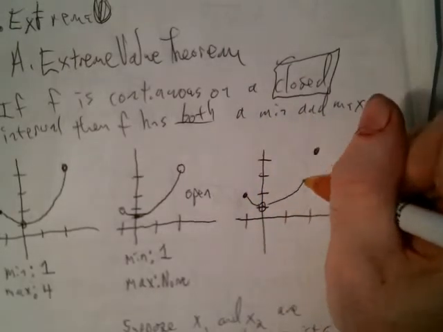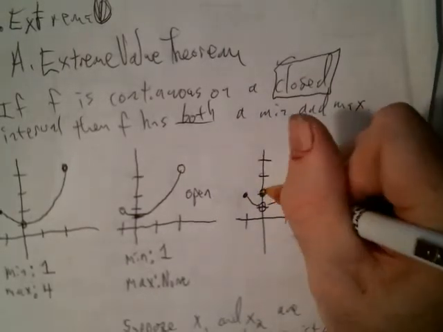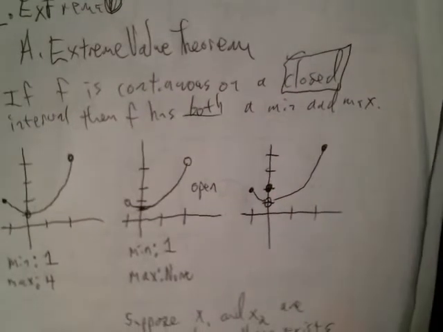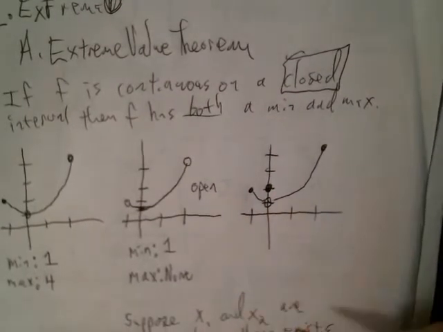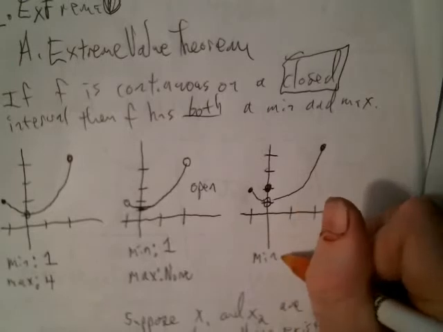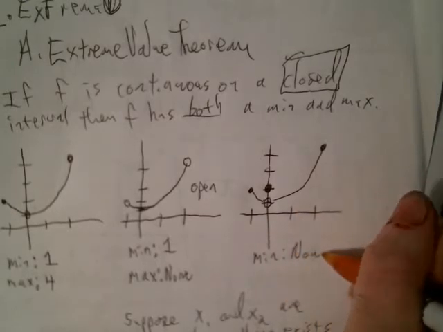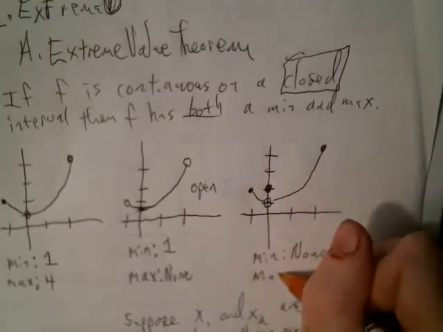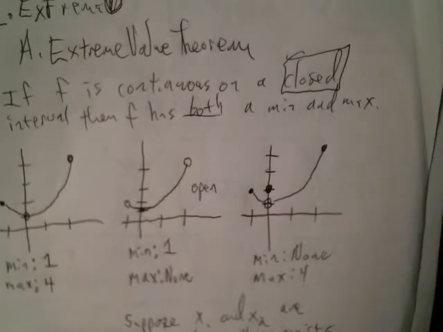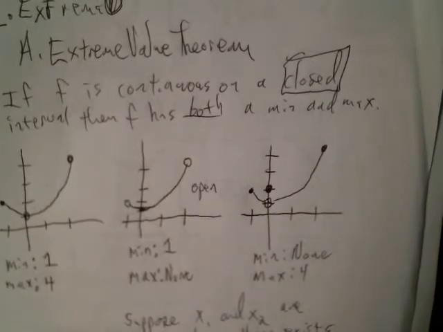Let's say it's still defined, but it's not continuous. So the problem with this one is there's no min. Okay, min, none. And then the max, yeah, there is one at 4, but okay. So you need to have both things holding for this to work out right.